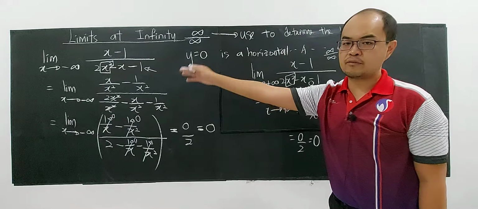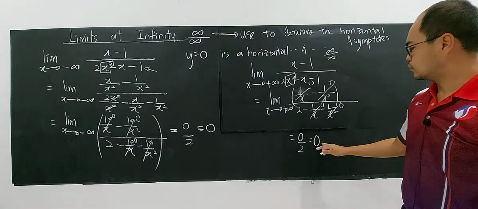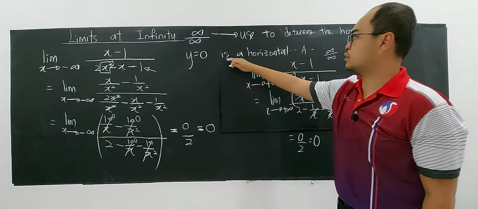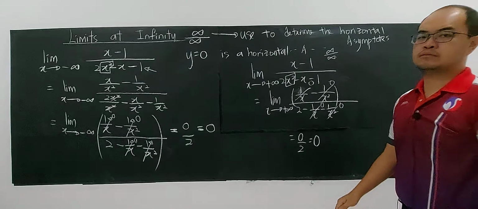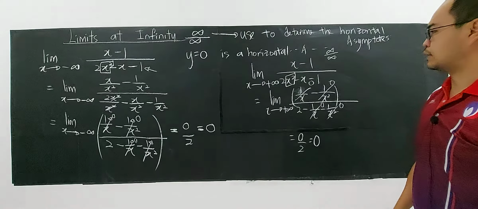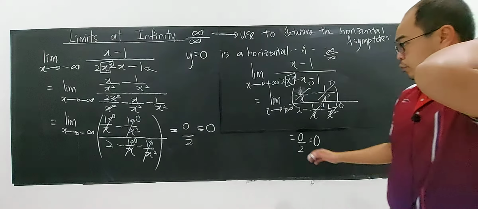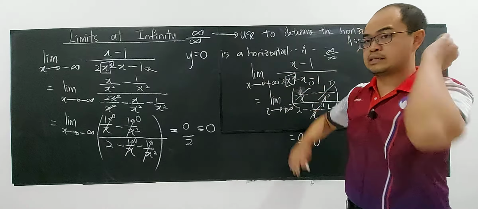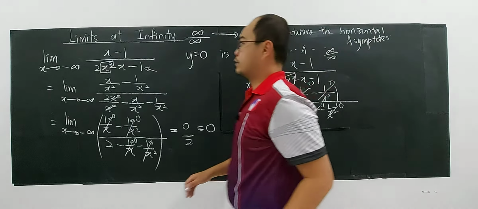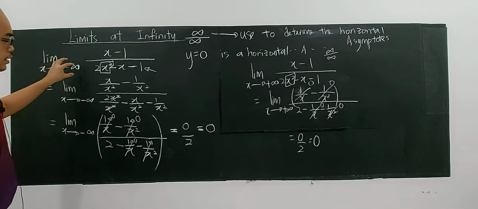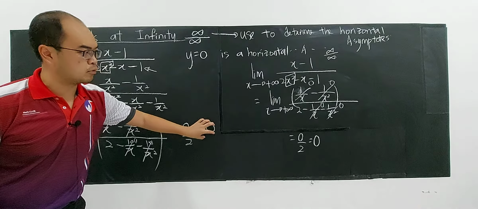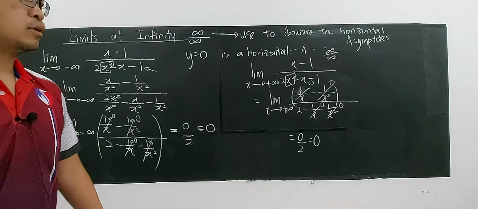You see, negative infinity and positive infinity both approach 0. So it means that y equals 0 is a horizontal asymptote. This is the way we determine horizontal asymptotes: the value that the limit at infinity approaches will be your horizontal asymptote.